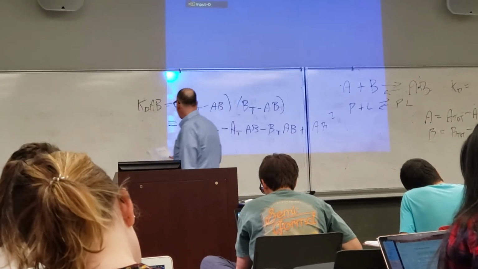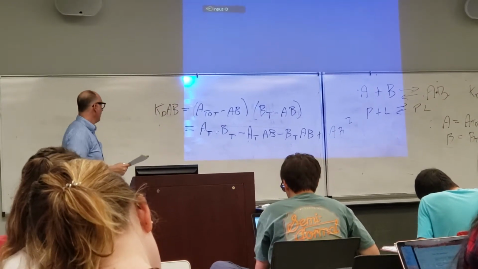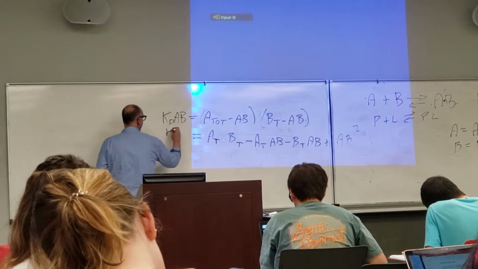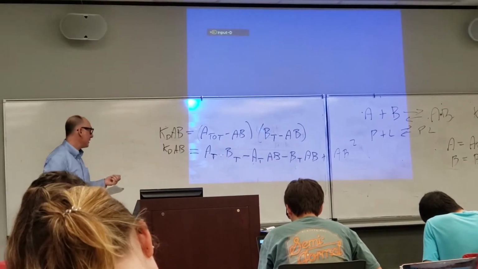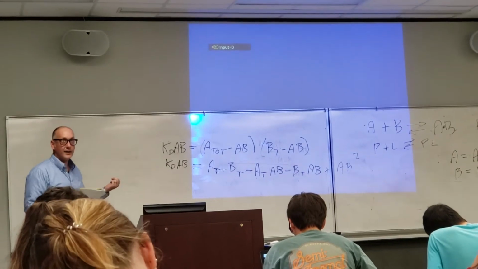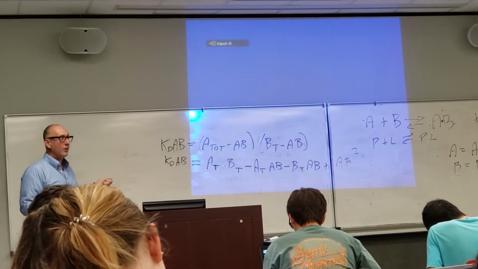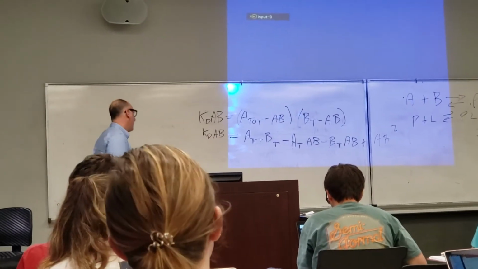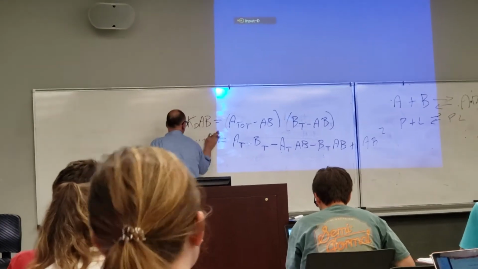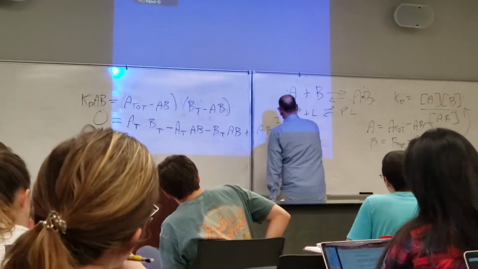All right, so now it's kind of starting to look like a quadratic equation, except this is all in AB. So if I want to look at this in terms of something that I can solve using the quadratic equation, what should I do? What does the left side of the equation have to be equal to? 0. All right, so let's make it equal to 0 just by doing this.